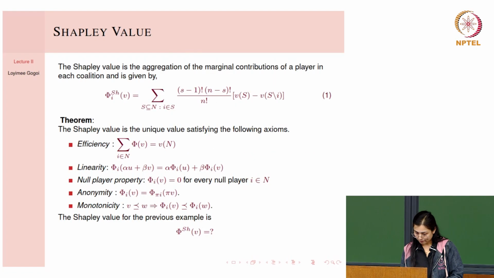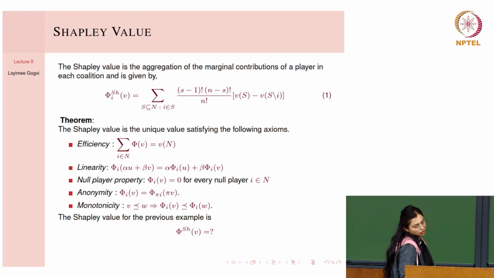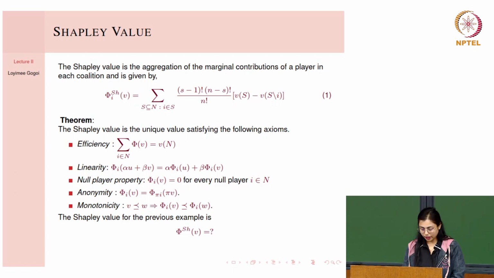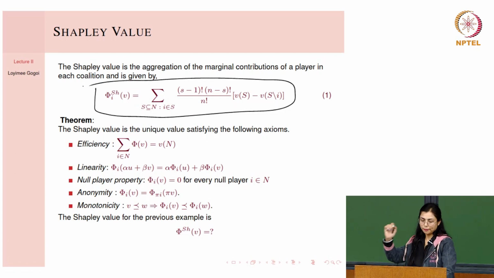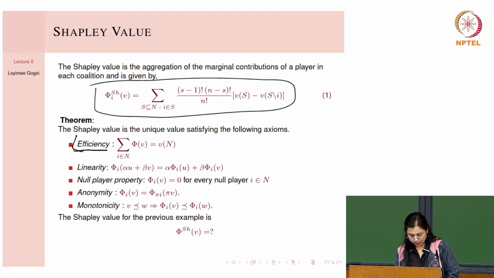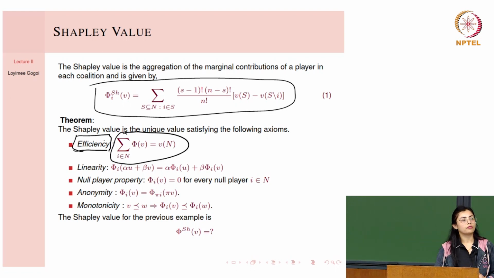Okay. So next, coming to the Shapley value. This is how we define the Shapley value. For each player, we assign a real value which satisfies, first of all, the efficiency condition: the total allocation for the Shapley value should be equal to V(N).